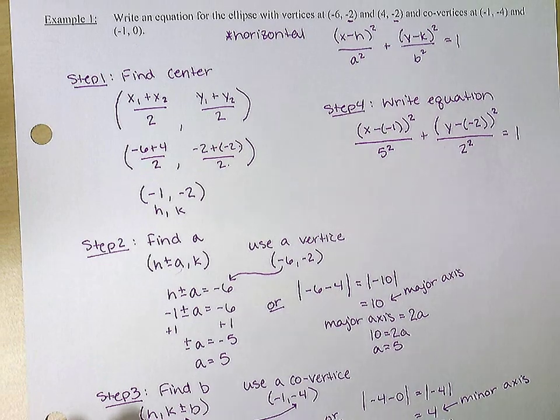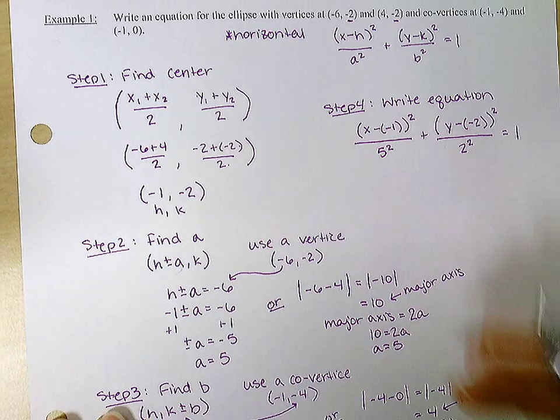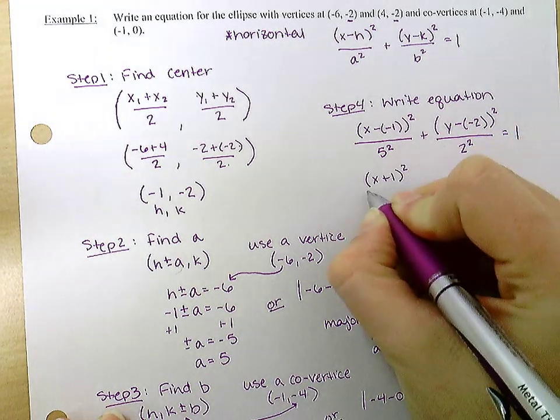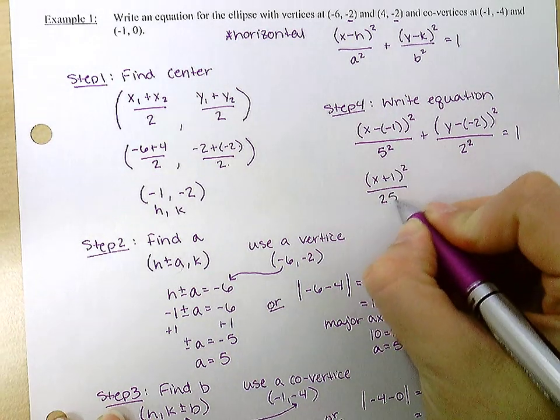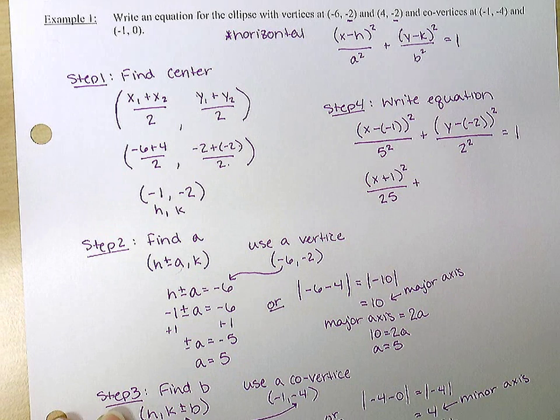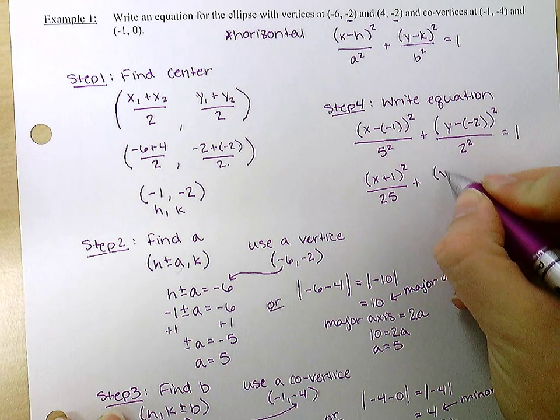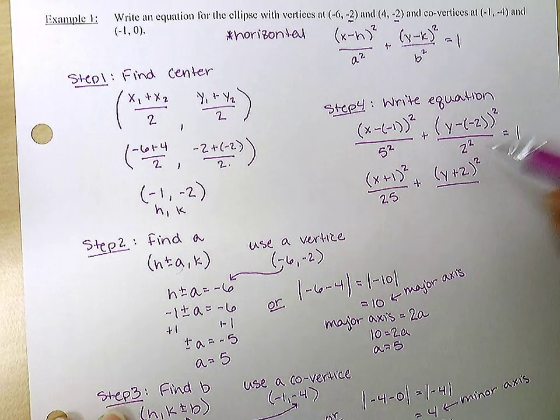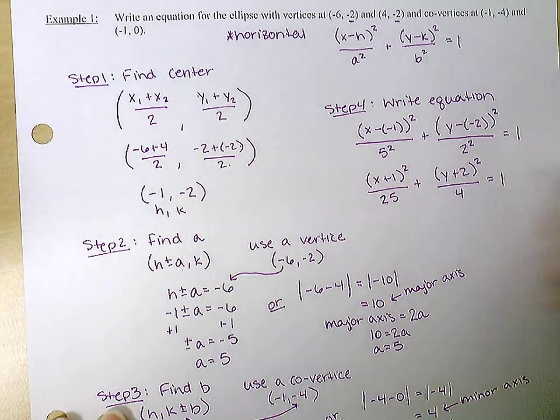So we're going to make this look a little bit nicer. If I have minus a negative, that's just adding. So we would have (x plus 1) squared over 5 squared, which is 25, plus, again, we have minus a negative, so (y plus 2) squared over 2 squared, which is 4, and that is equal to 1.